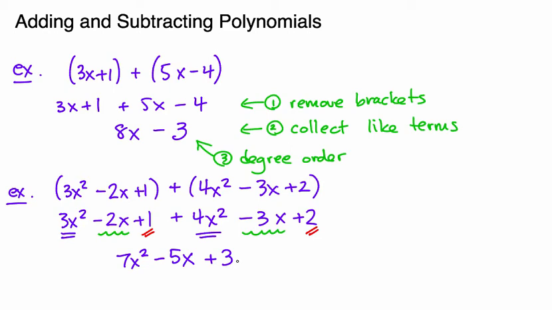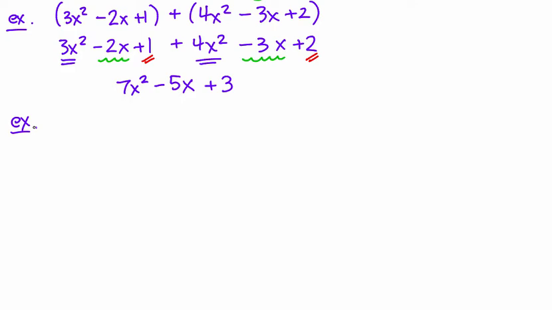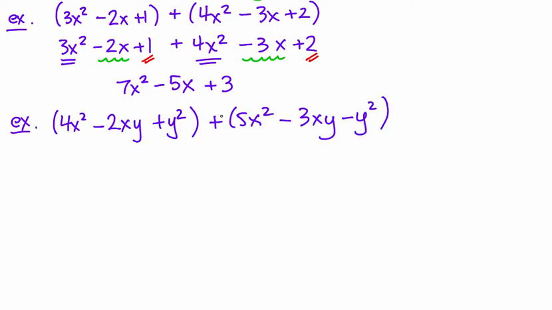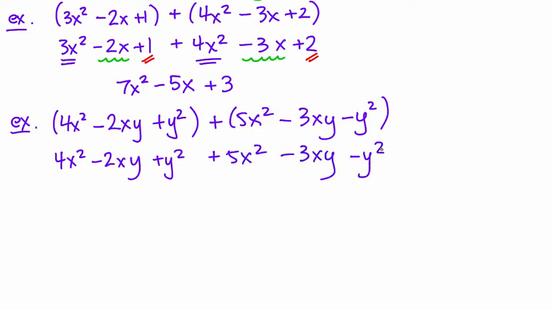Okay, another example. In this one we'll do trinomials and we'll add in some more variables. Notice that it's addition, so adding things just means putting them all out onto the table. There's a whole bunch of different shapes, and I cleared out the brackets. Then I look for my like terms.